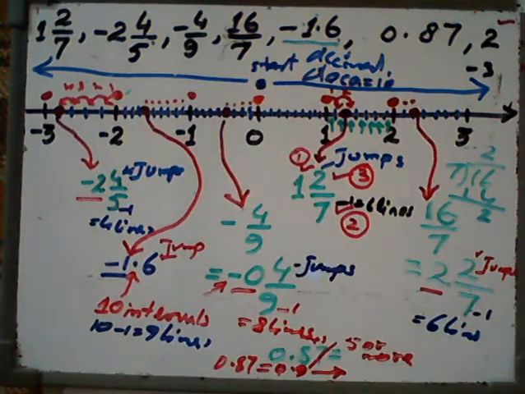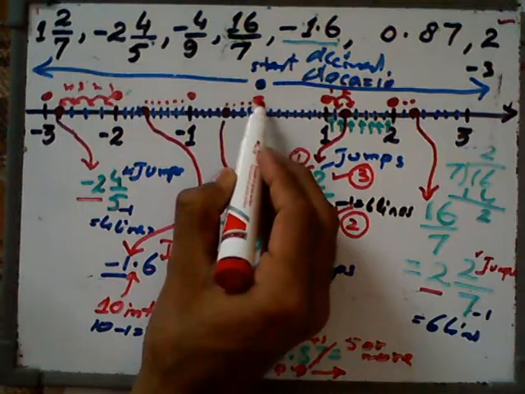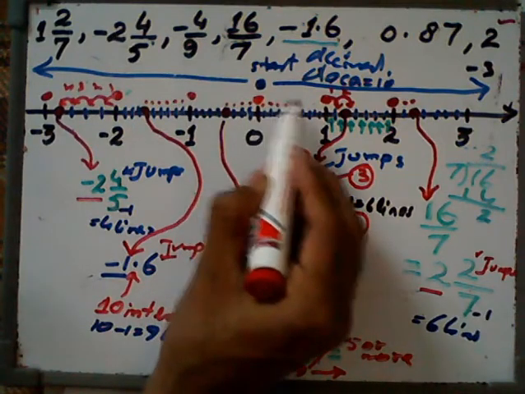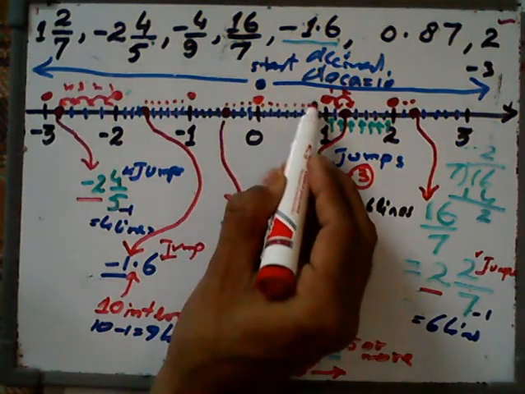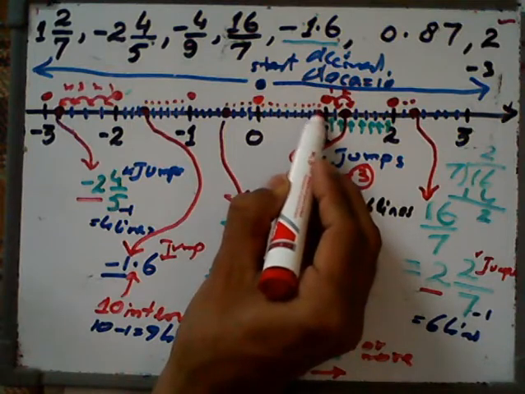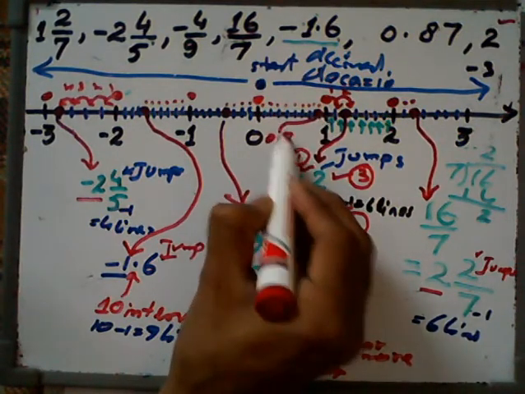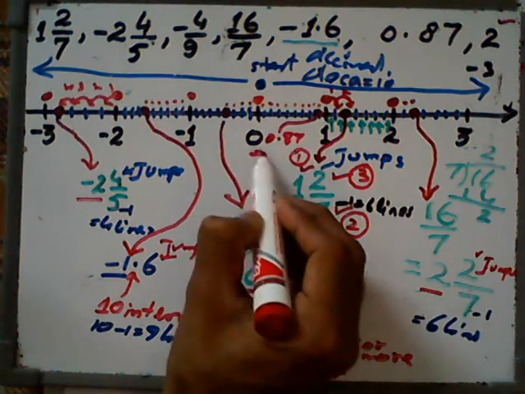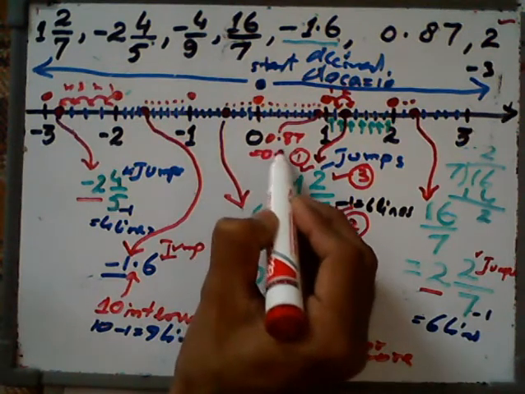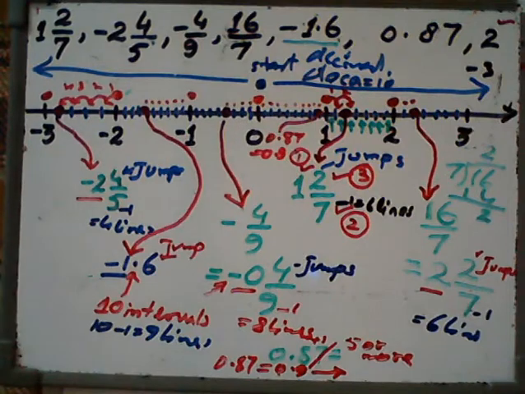Now we'll be making 9 jumps: 1, 2, 3, 4, 5, 6, 7, 8 and 9. So this last position is our 0.87, which is rounded to 1 decimal place as 0.9. Hope you understand how we can draw these fractions, integers and decimals on a number line.